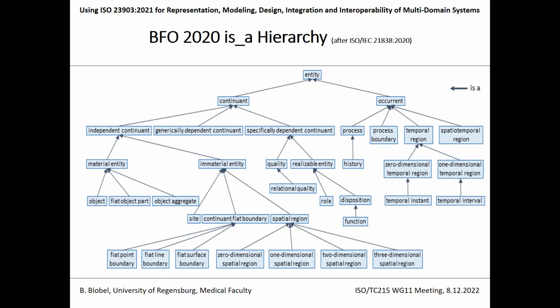The continuant entity could be independent or generically dependent or specifically dependent, etc., while the changing entity, the occurrent entity, depends on specific processes, process boundaries, temporal regions, whatever. And this can be specialized more and more. So I can form a starting ontology for any issue I have to address. And of course, then the experts should sit together to define the elements and their relationships to be consistent and correctly represent reality.